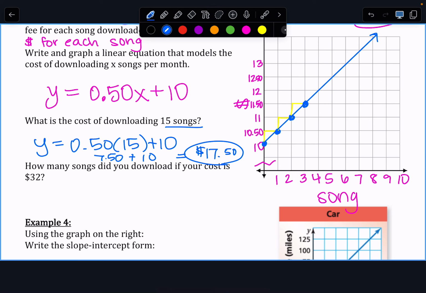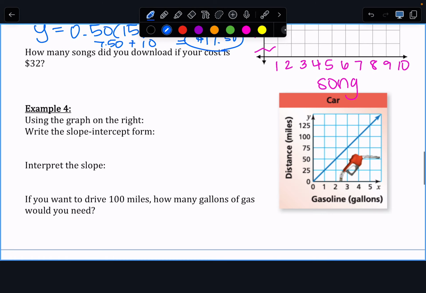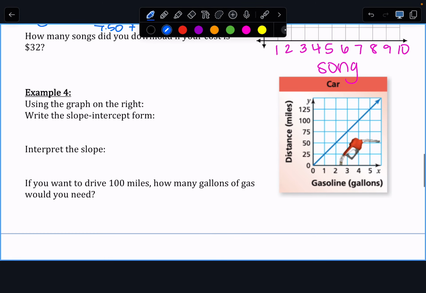All right. Let's go to example 4. We're going to do example 4, and then I'm going to give you enough time that you can get your homework done before the long weekend. So example 4, I already have the graph. We want to write slope-intercept form, y equals mx plus b.